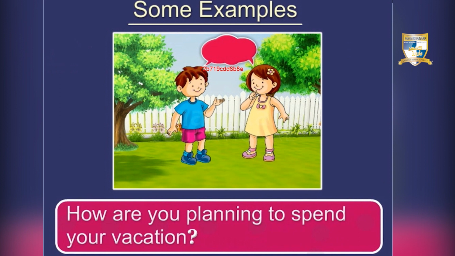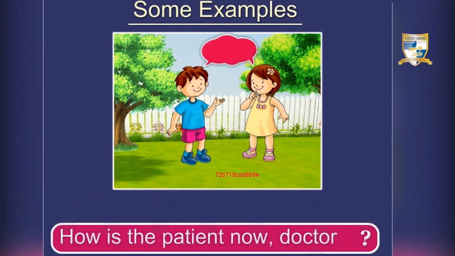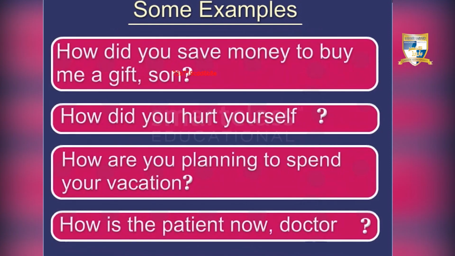How are you planning to spend your vacation? How is the patient now, doctor? Children, note that they ask for specific information related to the manner in which something is done. Begin with how and end with a question mark.